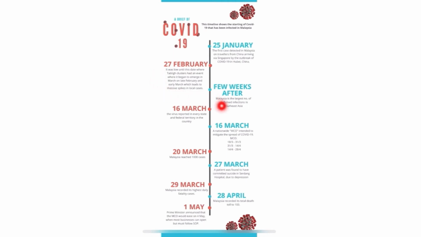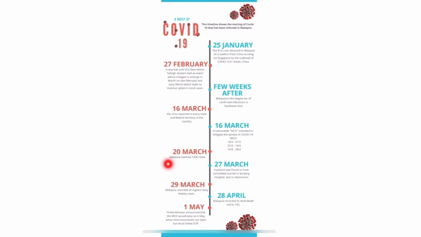A few weeks after, Malaysia had the largest number of confirmed infections in Southeast Asia. On 16 March, the virus was reported in every state and federal territory in the country. A nationwide MCO was intended to mitigate the spread of COVID-19. The MCO was implemented in phases from 18 March until 28 April.